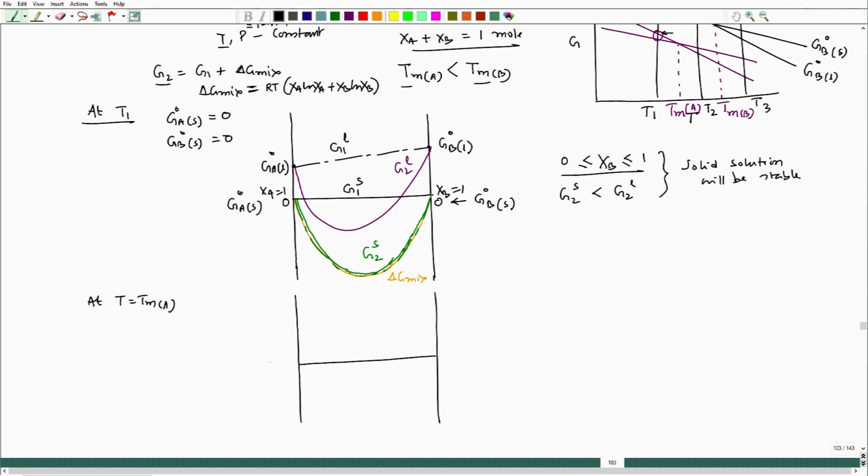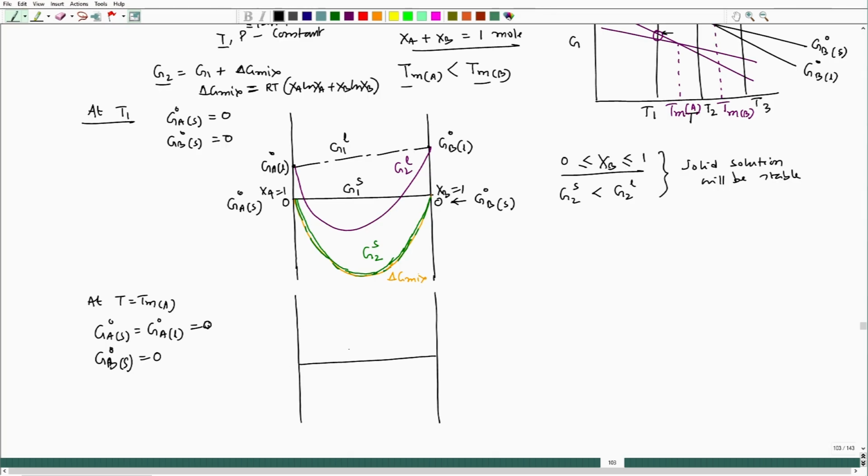At this point G A naught solid equal to G A naught liquid should be taken as 0, and G B naught solid to be taken as 0, because at TMA solid A and liquid A are both in equilibrium.